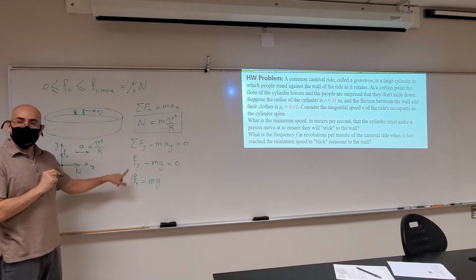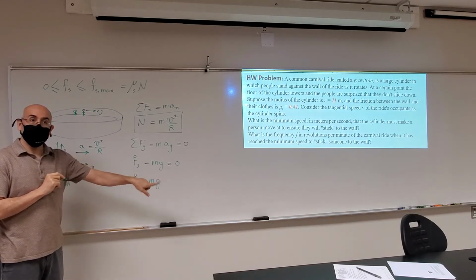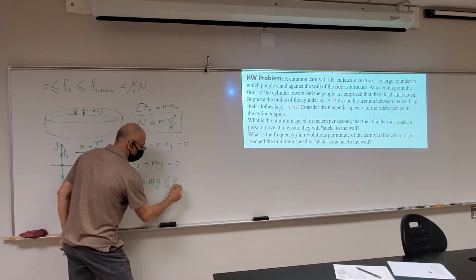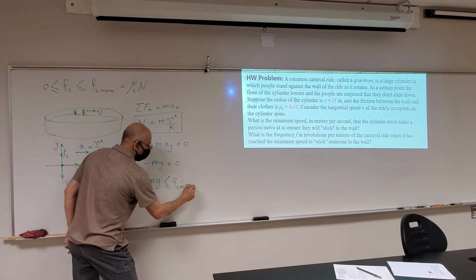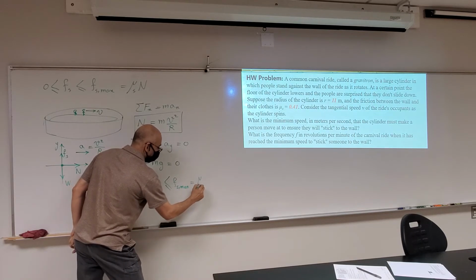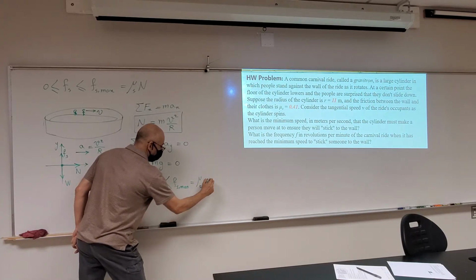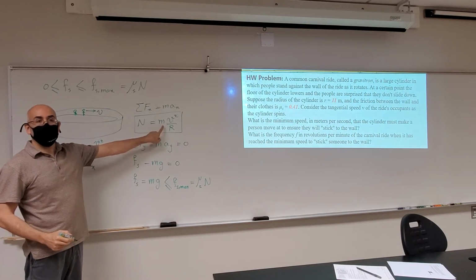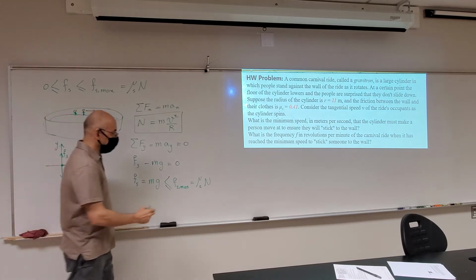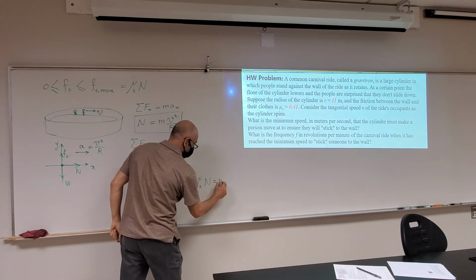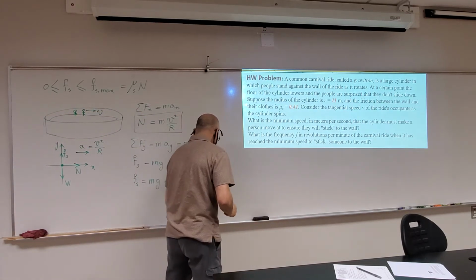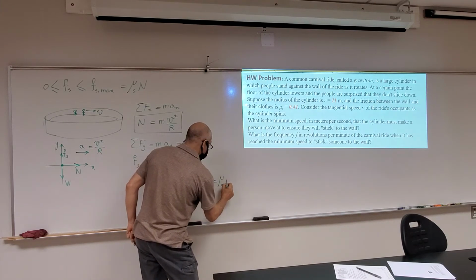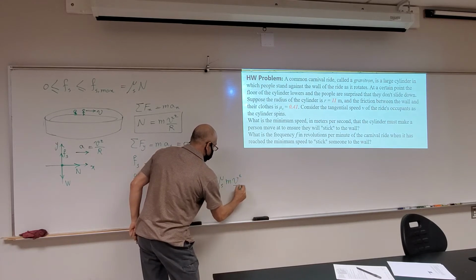But we know Fs is less than or equal to Fs max, which is equal to μs times the normal force. And we know now the normal force is m v squared over r, so we can put that here: μs times m v squared over r.